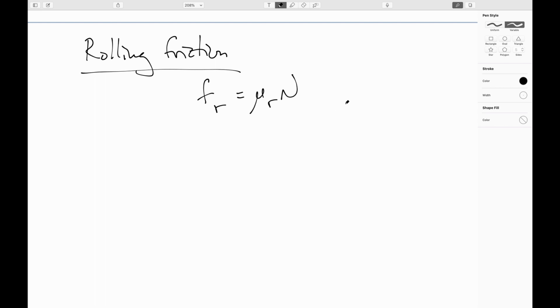But the thing is that usually these values of mu_r are really small. So usually you can just neglect this altogether. I mean, there are times where you can't. If you're designing a car, you definitely can't. Bike tires, basically inflatable tires, you can't. Wheels on a shopping cart, maybe you can get away with it.